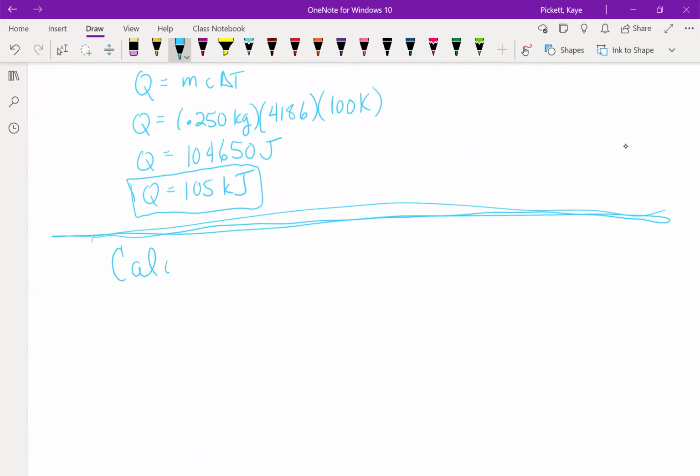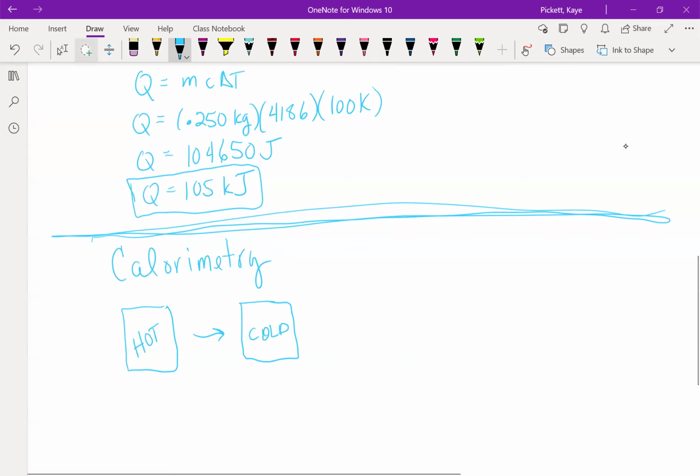Calorimetry is what happens when I've got one object that's hot and I'm going to put it in contact with another object that's cold.